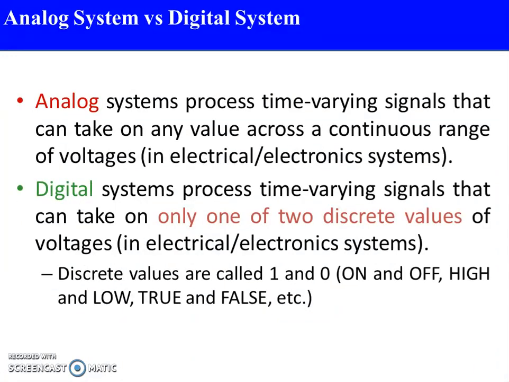Now, this will represent analog systems versus digital systems. An analog system processes a time varying signal that can take any value across a continuous range of voltage, while a digital system processes a time varying signal that can take only one of two discrete values of voltage, that is 0 or 1, which can be represented as on and off, high and low, or true and false.